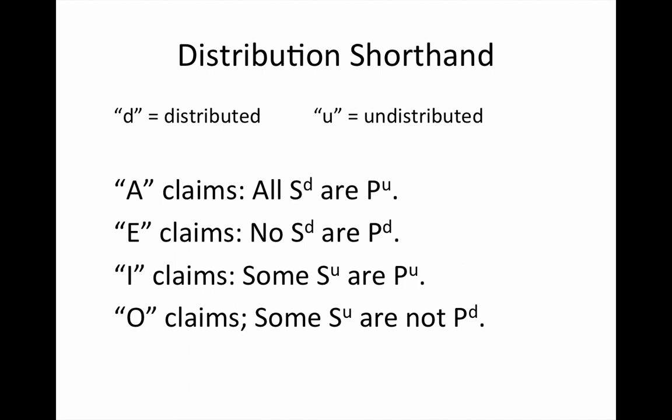That would say all M are S. So the universal affirmative in this case would distribute the middle term because the middle term occupies the subject position. On the other hand, because the minor term occupies the predicate position, it is not distributed.